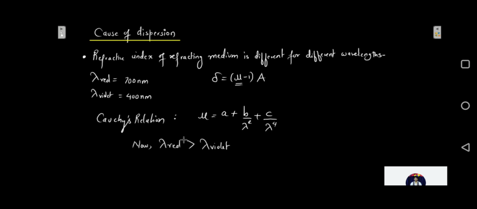Since lambda for red is more, the refractive index of red will be lesser than that of violet. Hence, from this relation, the angle of deviation for red will be lesser than for violet. That is why the red light is deviated the least and the violet light is deviated the most.